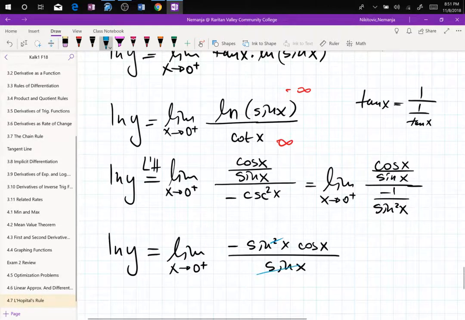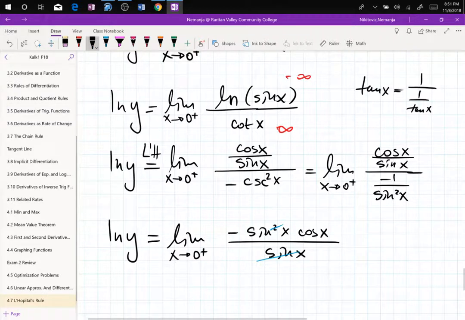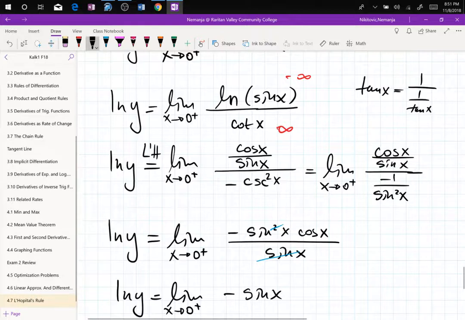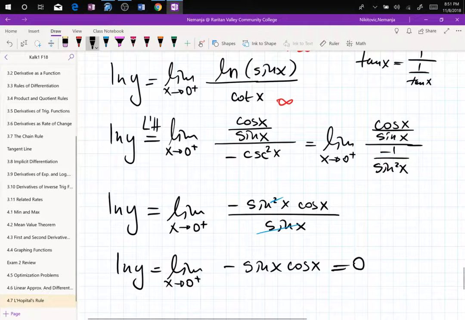So one of the sines will drop, and finally I have that ln y is equal to the limit x goes to 0 plus, and now I have negative sine x cosine x, which is equal to 0.